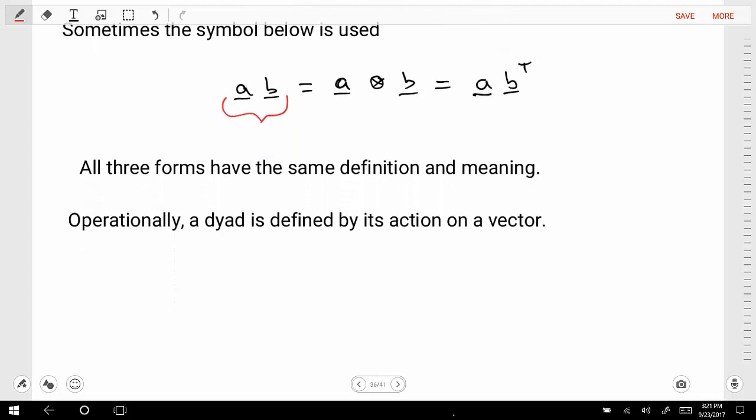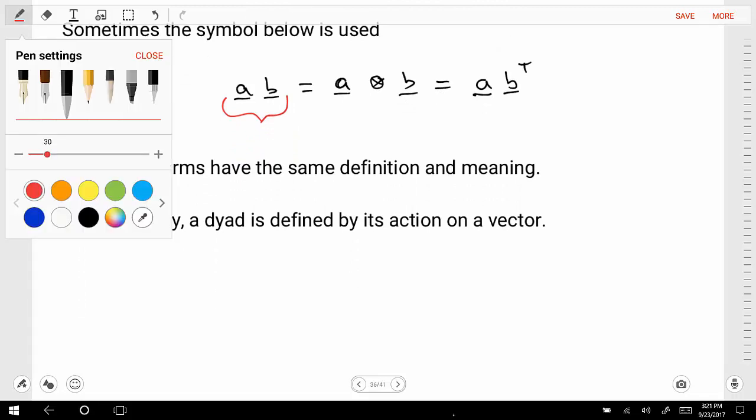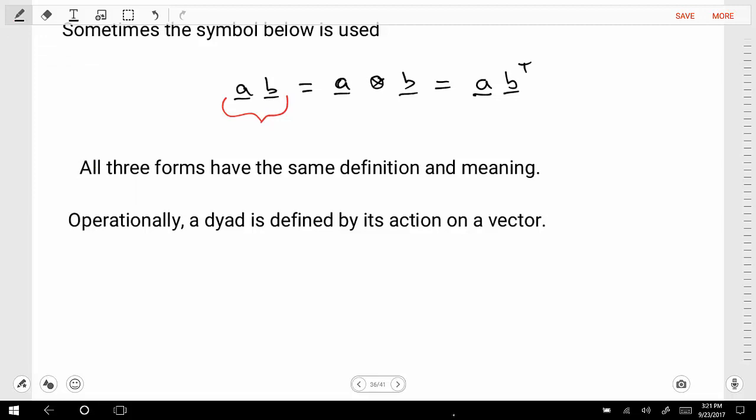Now, operationally, a dyad is defined by the following relationship. We'll see it from this coordinate-free form, and then we'll also see it in a matrix form so we can more easily apply it.